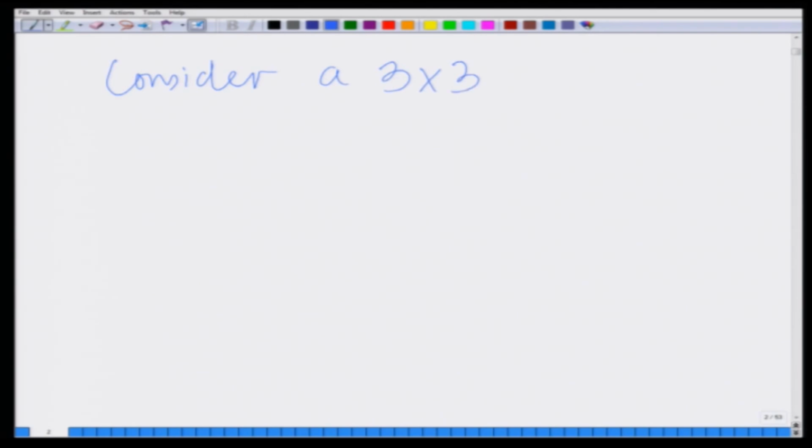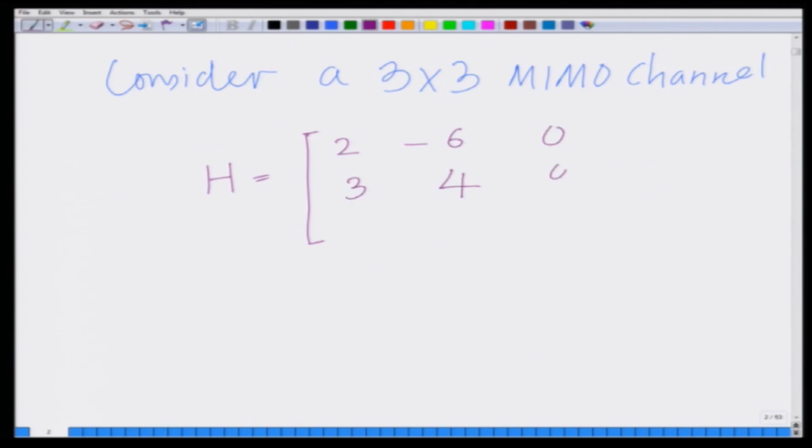Let us say we have a 3 cross 3 MIMO channel, that is the MIMO channel matrix H is given as 2 minus 6 0, 3 4 0, 0 0 2.